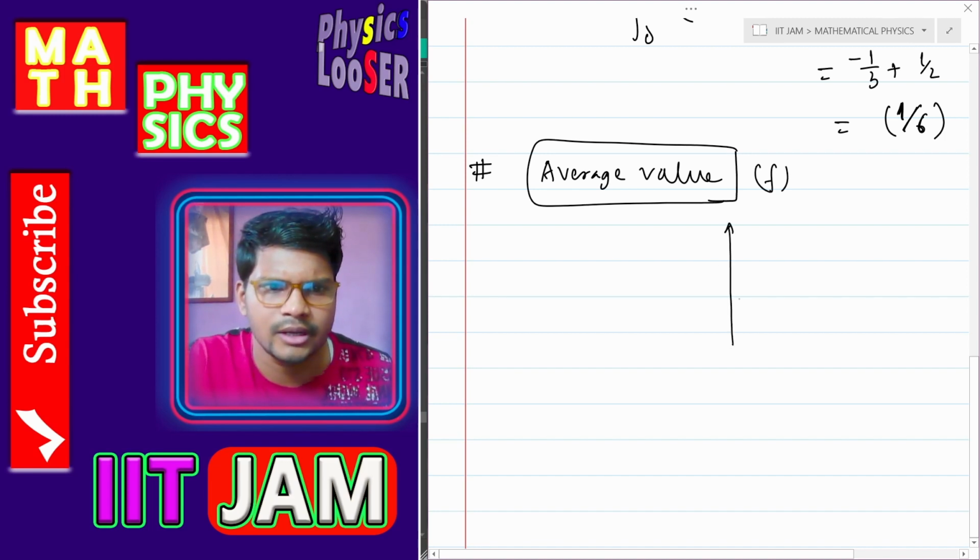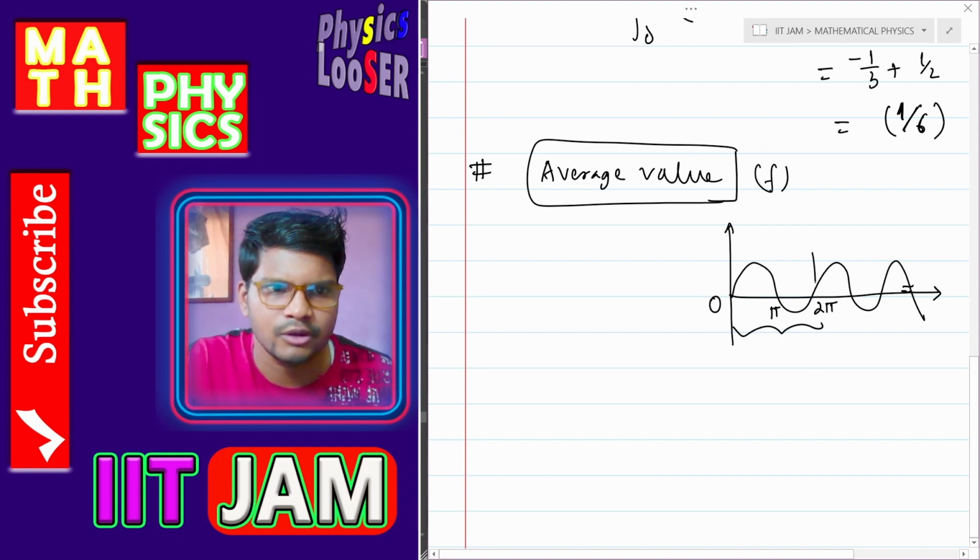We have already done this in class 12: suppose you have a wave characteristic, a wave equation, and this wave is going from 0 to, let us say, pi and 2 pi. To complete one cycle, the time period is T, and this whole cycle repeats after some interval.